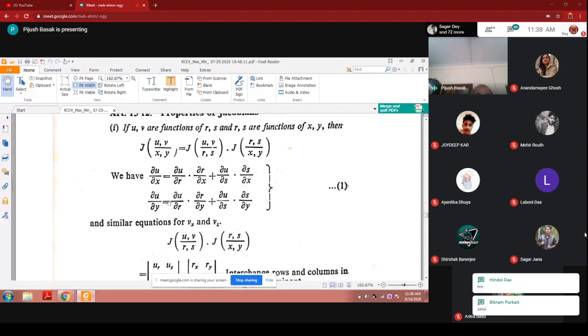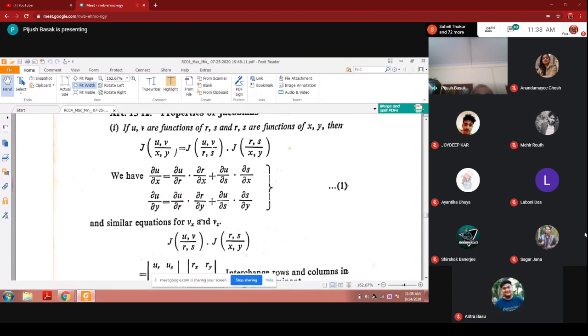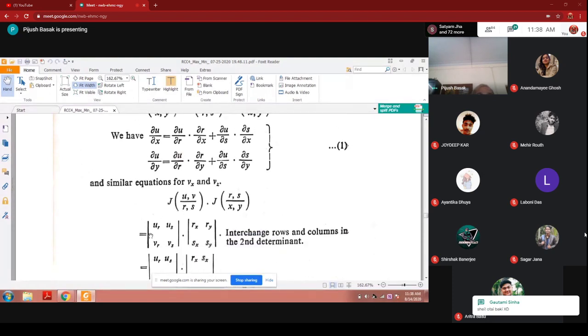Also we can write del u del y as del u del r into del r del y plus del u del s into del s del y. In partial derivatives at the beginning of the chapter we have learned this. Similar equations hold for u suffix x and u suffix y, and similar results hold for v suffix x and v suffix y.